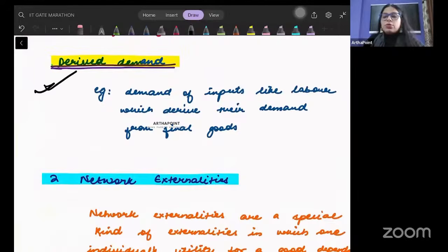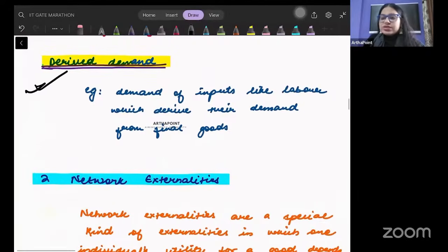Now just talk about the derived demand. So derived demand is that demand, वो चीजों की demand जिनकी demand is derived from something else. So for example, inputs. Inputs have their demand derived from the final goods, right?